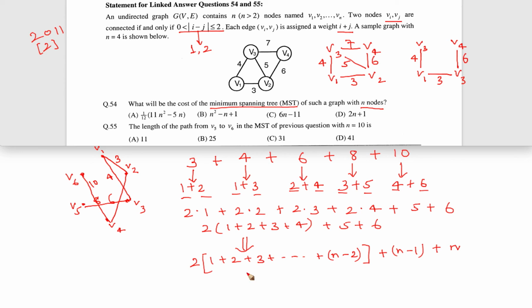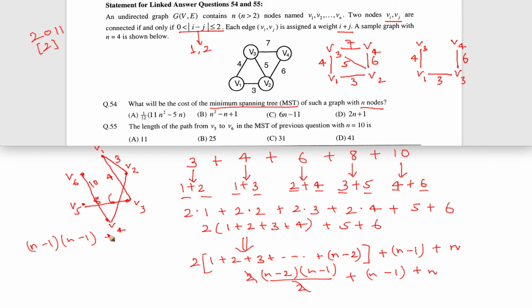Now we simply have to compute what is its value. So it is going to be basically 2 times n minus 2 into n minus 1 divided by 2 plus n minus 1 plus n, and this 2 is cancelled, and then here we can take n minus 1 common. So it is going to be n minus 1 common, and then we are going to have n minus 2 plus 1, which is basically n minus 1 again.